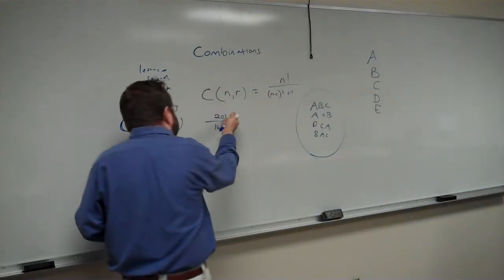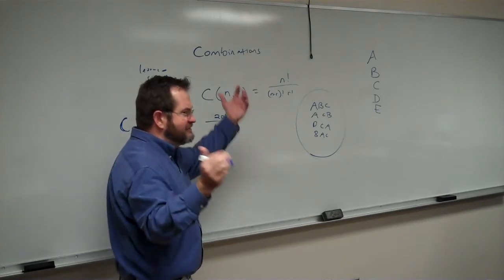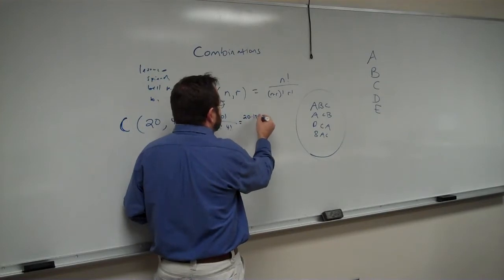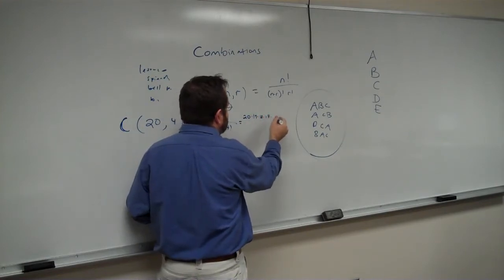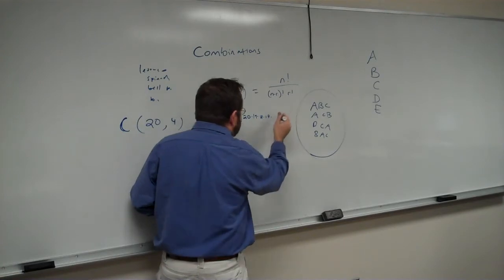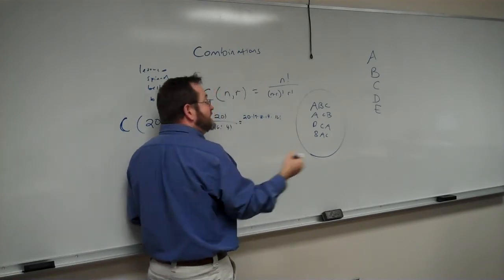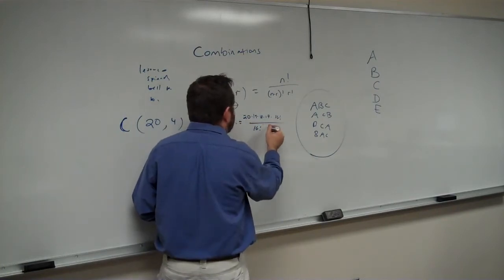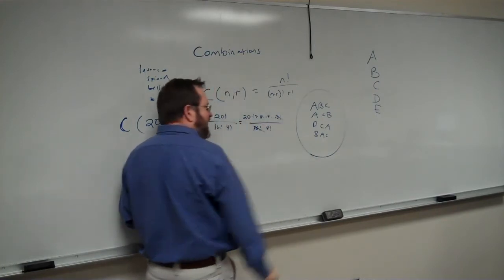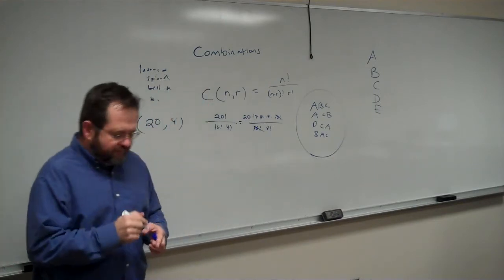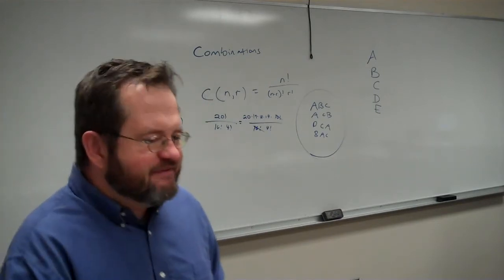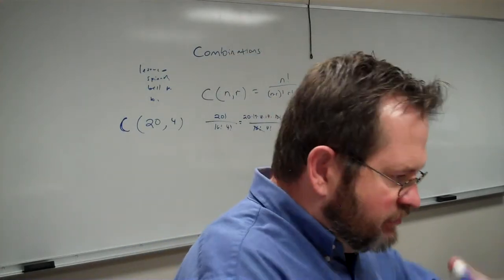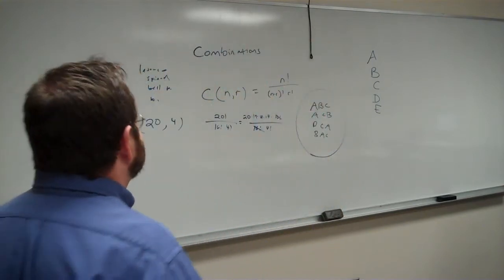But you almost never compute factorials bigger than about 4 or 5. Most of the time, the trick is to recognize the pattern, that this is 20 times 19 times 18 times 17 times 16, 15, 14, but wait a minute, that's 16 factorial. And you've got a 16 factorial in the bottom. So you just cancel those out. Most of the time, they're in a ratio, and it's more a matter of figuring out what to cancel.